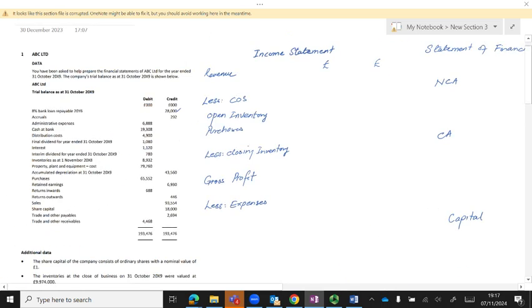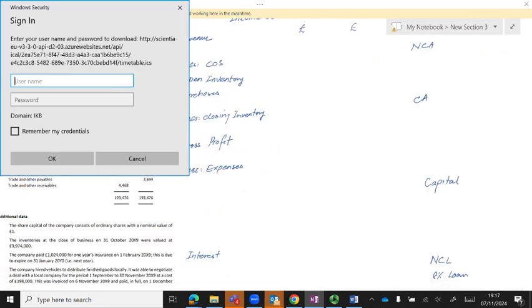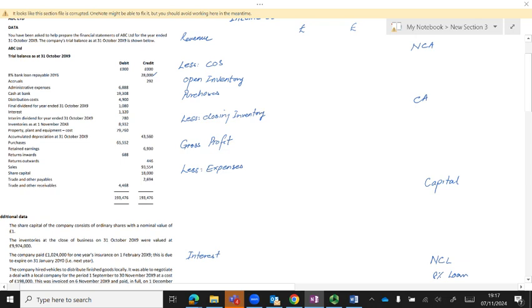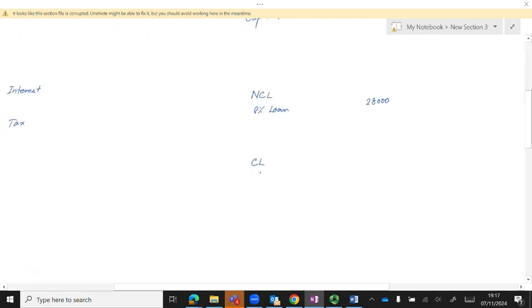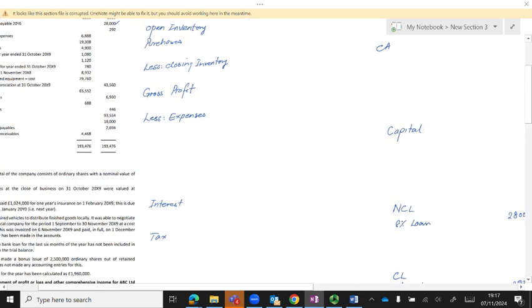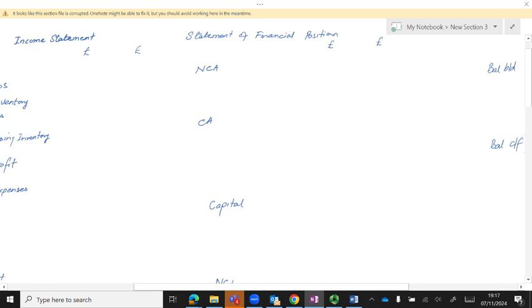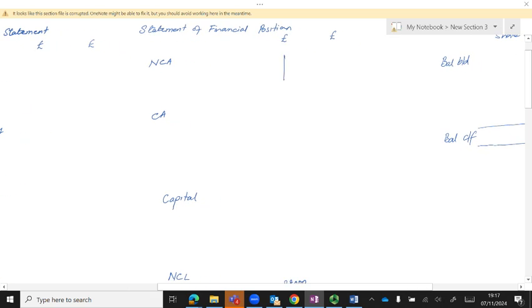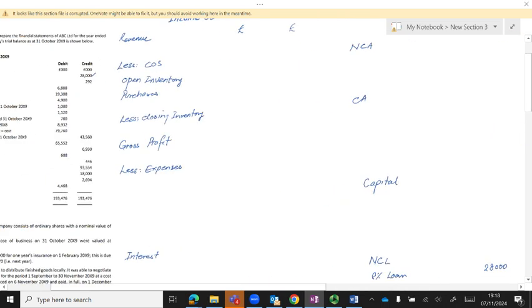Next, I have accrual of 292. Remember, I am recording them in the first column. This is not a debit or credit column, it's just a presentation. So I'll have two figures over here and I'll write the final over there.